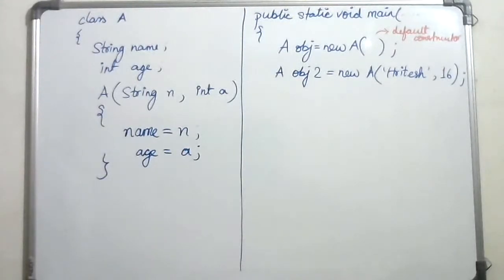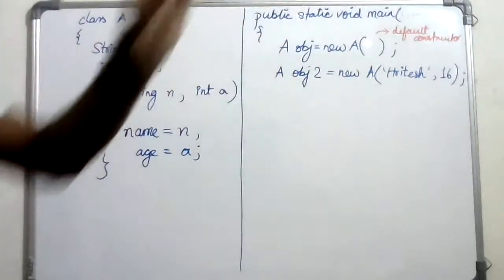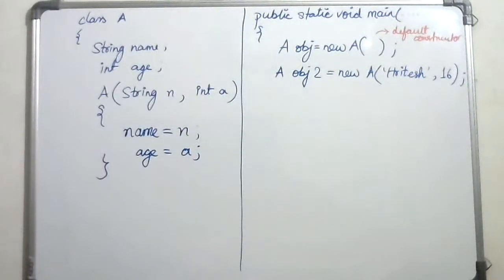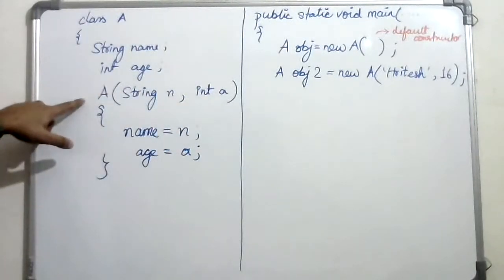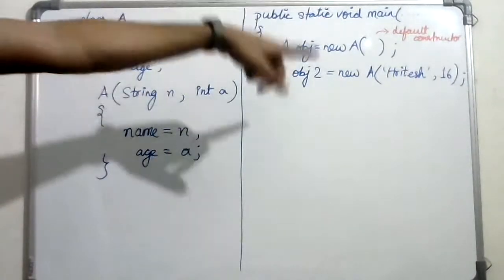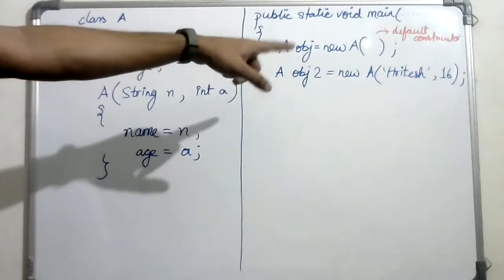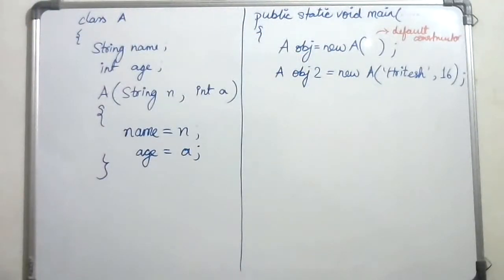Simple rules of function calls and method calls: the number of parameters must match the number of arguments, otherwise it gives you an error. Same rules are followed here. As you can see, there are two parameters and two arguments.